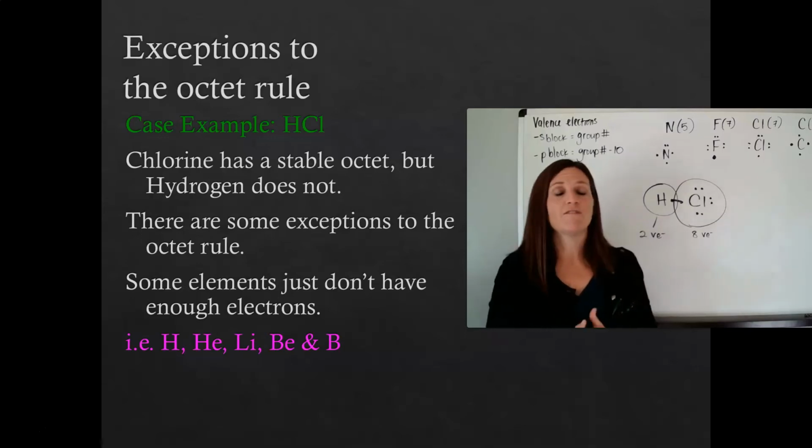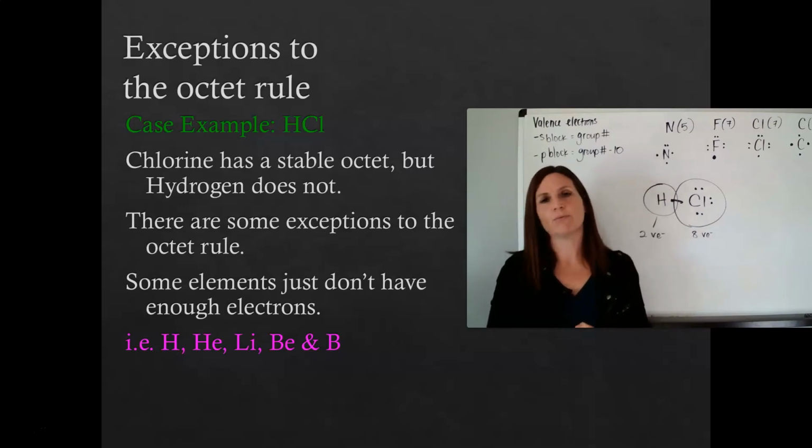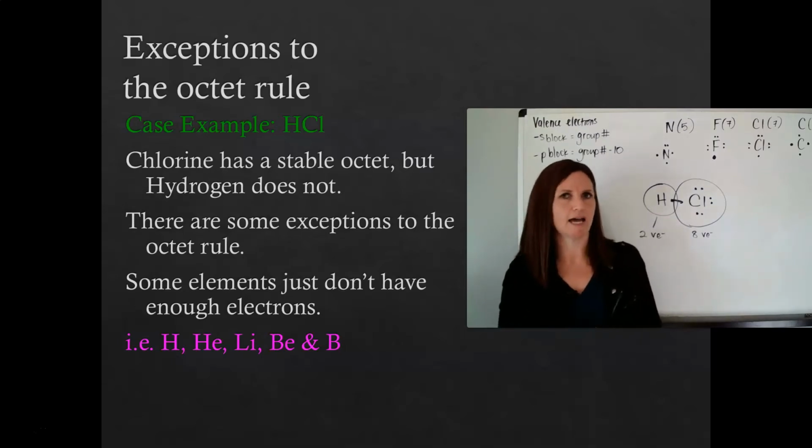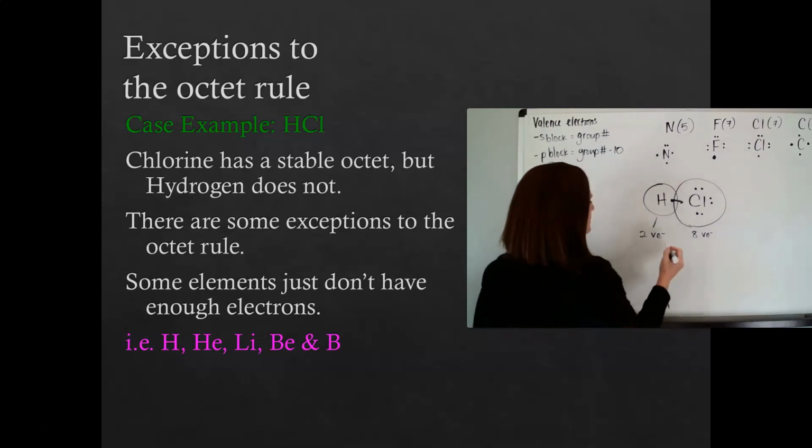There are a list of 5 elements that are unable to achieve a full octet no matter what. Hydrogen, helium, lithium, beryllium, and boron. They're the early elements because they don't even have a kernel with a stable octet. So these elements cannot achieve a stable octet, and most of them are going to try to do this.